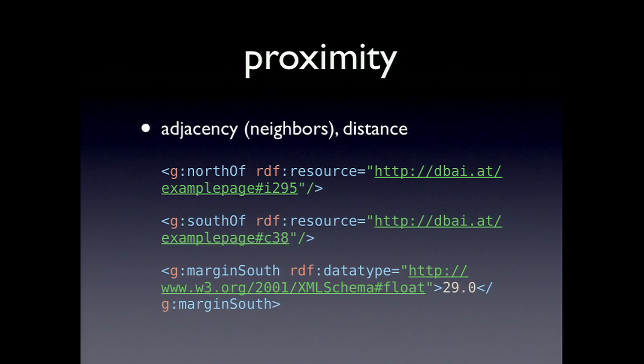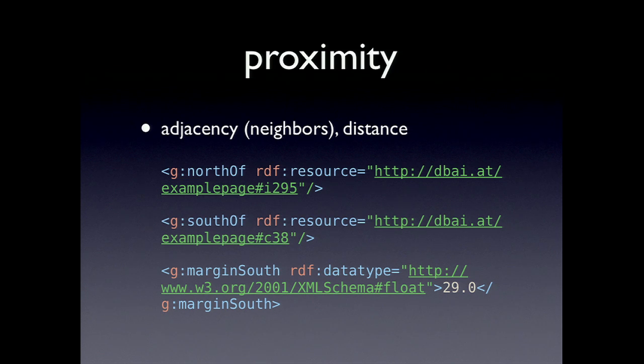For proximity, we can look at adjacency. We can look at neighbors and distance. And what we will do is we will just write, for each visual object in our model, this adjacency information, neighborhood information. So a particular element is north of another element, or it is south of another element.